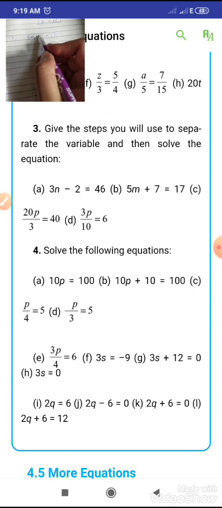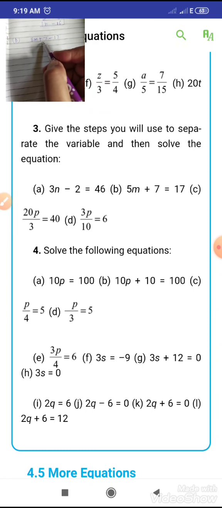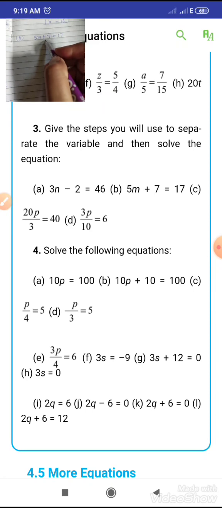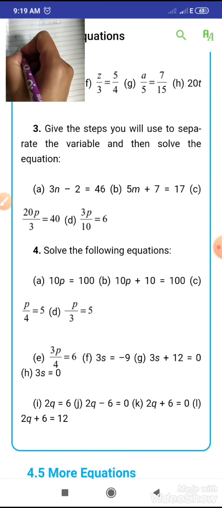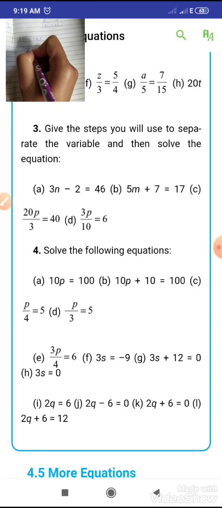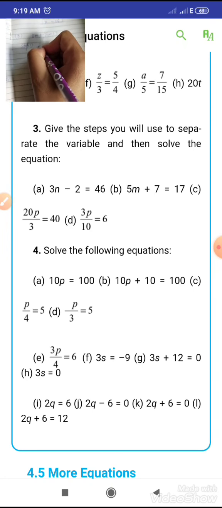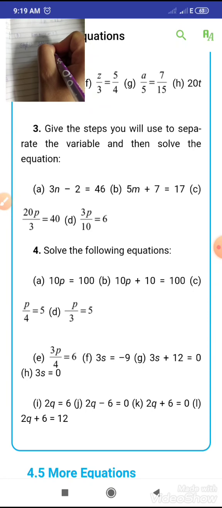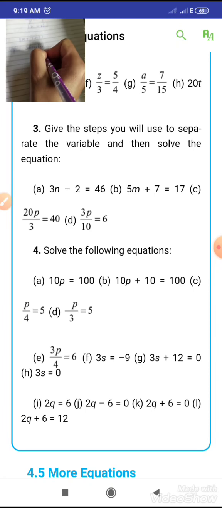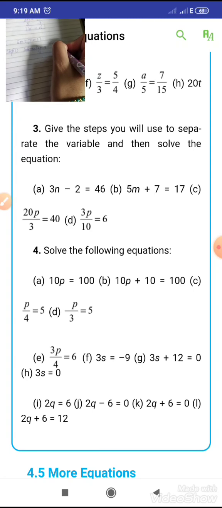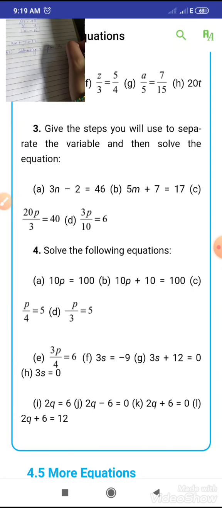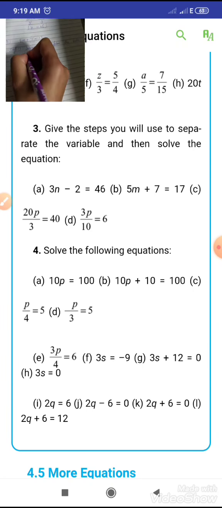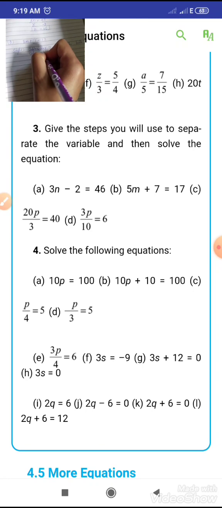In this question, first we remove 7 from the left hand side as it does not contain any variables. So we write a step for it, and our first step is subtracting 7 from both sides of the equation.